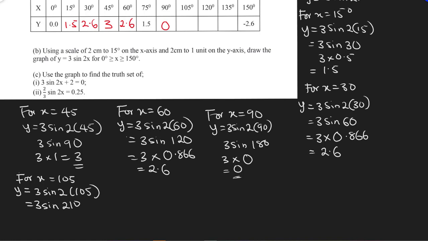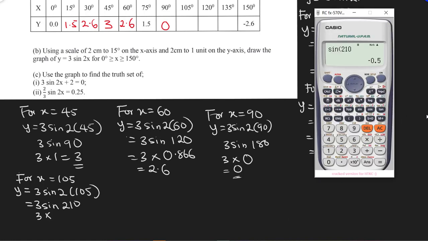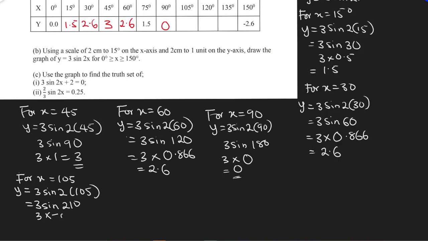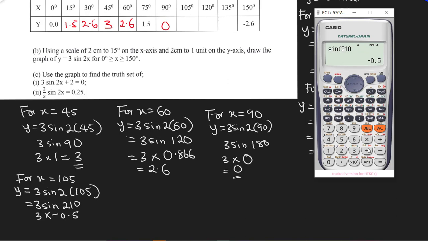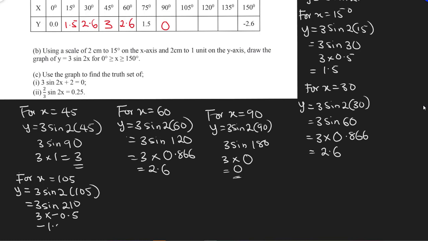So this one is going to be 3 times sine 210, which is minus 0.5. So times 3 is minus 1.5. So we're going to say minus 1.5.